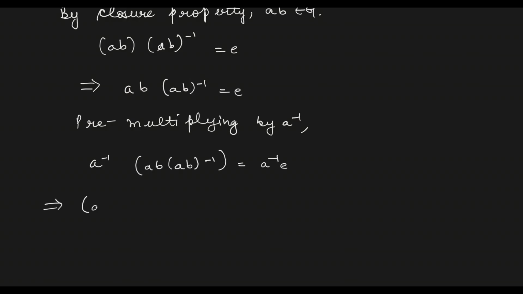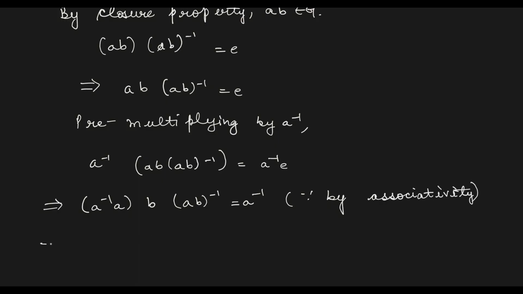This implies a inverse a b ab inverse is equal to a inverse because by associativity. This implies e into b ab inverse is equal to a inverse. This implies b into ab inverse is equal to a inverse.